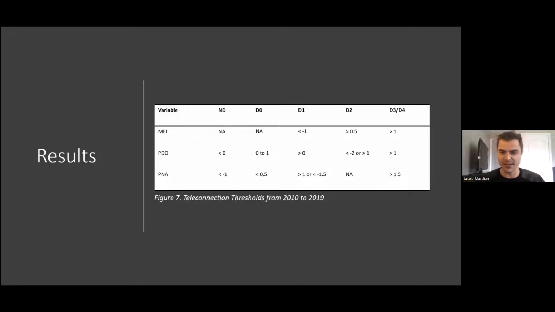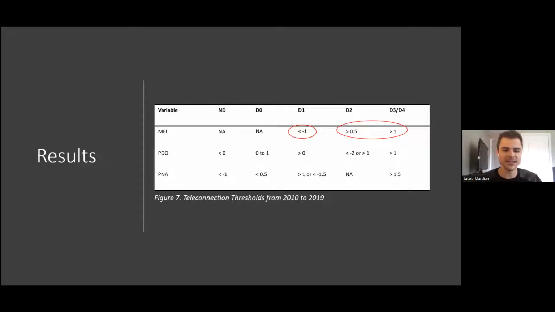But where it gets really interesting is we see that negative MEI values or La Nina conditions were strongly related to D1 or moderate drought conditions, while some of our more extreme drought categories, D2 through D4, were related to positive MEI values or El Nino conditions. So this is interesting to see that both extremes in the El Nino Southern Oscillation are related to drought, but perhaps have different intensities or manifest themselves in different ways.